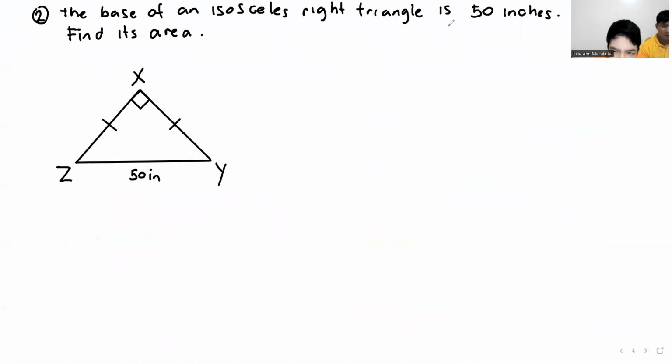So, number 3. The base of an isosceles right triangle is 50 inches. Find its area.